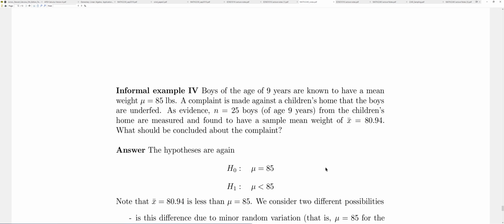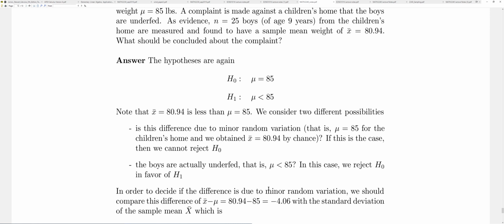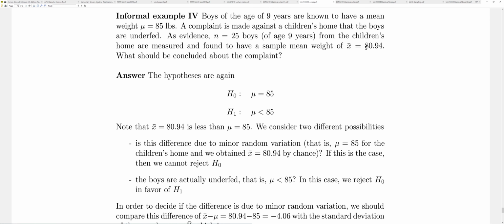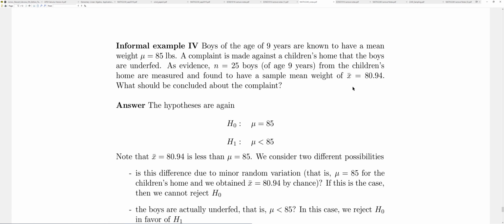But it really isn't that far. So what's the difference between the mu over here, which is 85, and the 80.94? The difference over here is 4.06. So basically you have a difference of 4 from the weight that you actually measure.